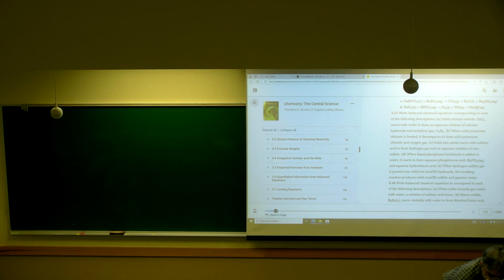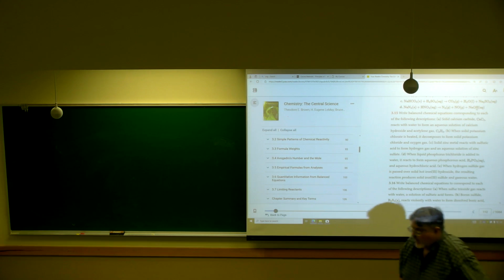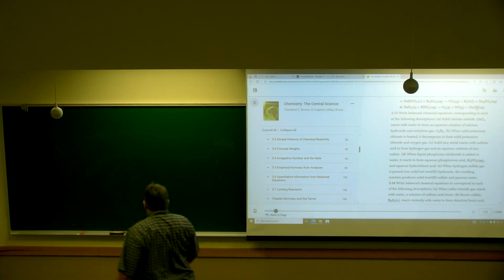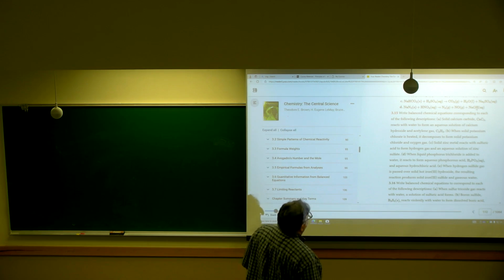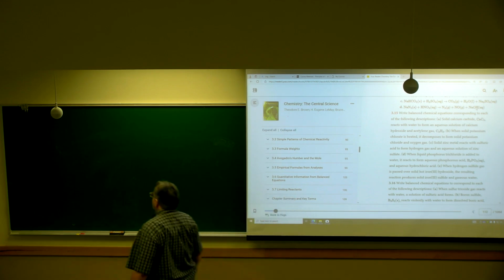This one is saying, write a balanced chemical equation corresponding to this. Calcium carbide with water forms an aqueous solution of calcium hydroxide and acetylene gas, and then they tell you what acetylene is. Let me try that one, and then I'll move on from balancing. CaC2 with water, that's this.